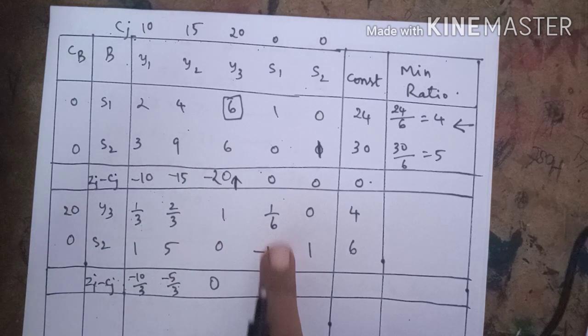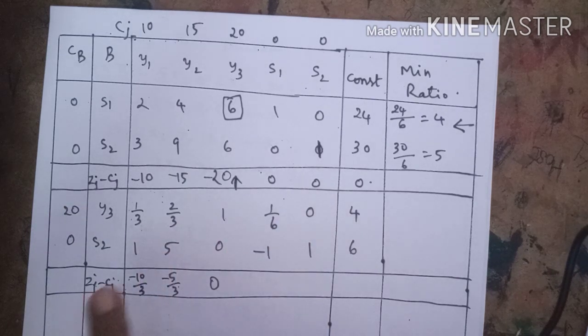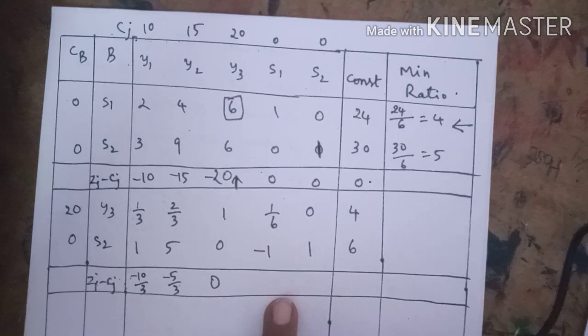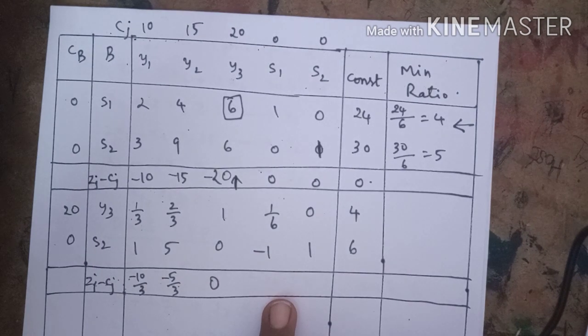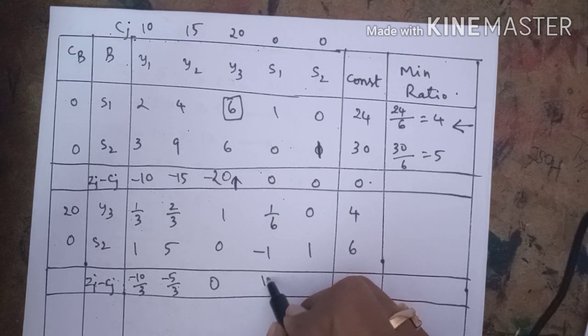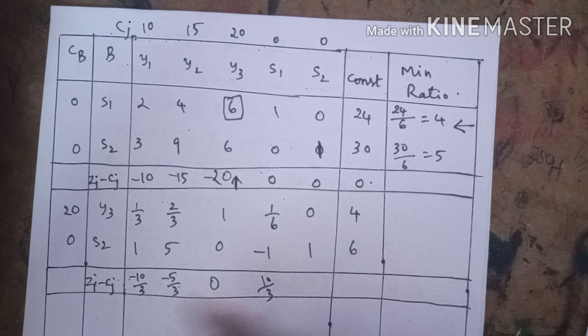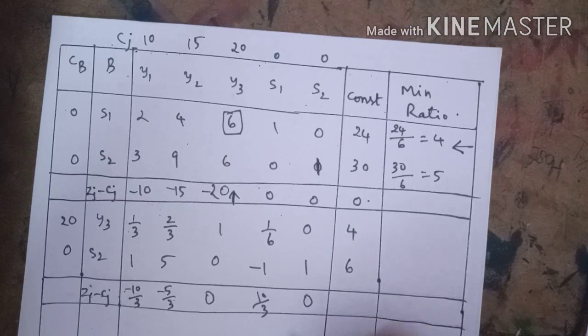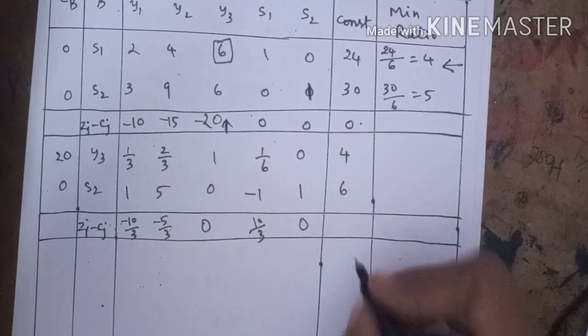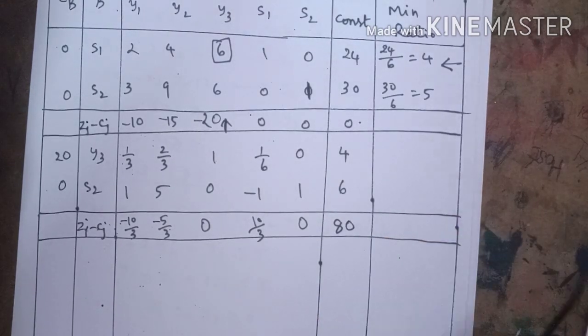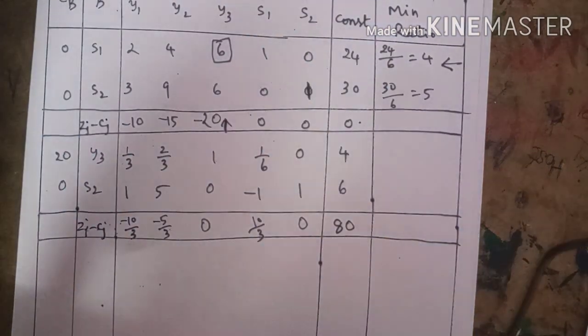Next, 20 into 1 by 6, how much will you get? 20 by 6 is equal to 10 by 3. This one is 0 plus 0 minus 0, 0. 20 into 4 is 80. Like this you will get.